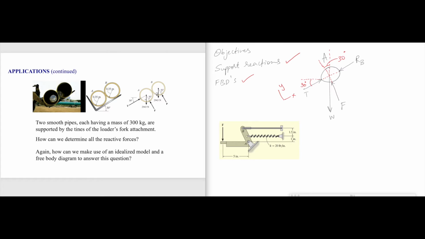Similarly, we can draw a free body diagram of B. Everything remains the same except that for B, because RB is acting on A, we have to draw equal and opposite RB.